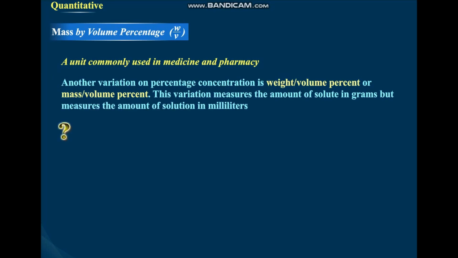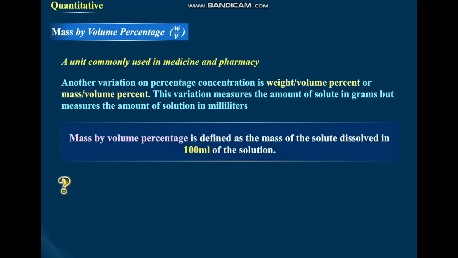Another variation on mass percentage concentration is weight by volume percent, or mass by volume percent. This variation measures the amount of the solute in grams but measures the amount of the solution in milliliters. Mass by volume percentage is defined as the mass of the solute dissolved in 100 ml of the solution.